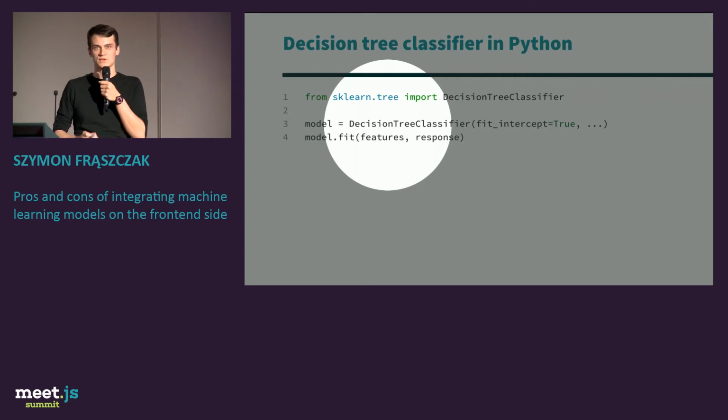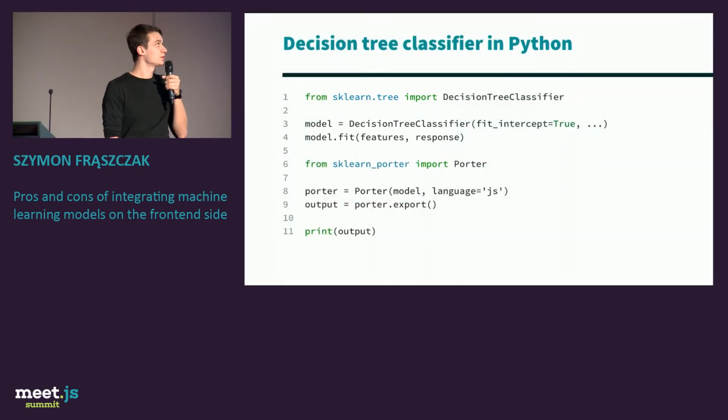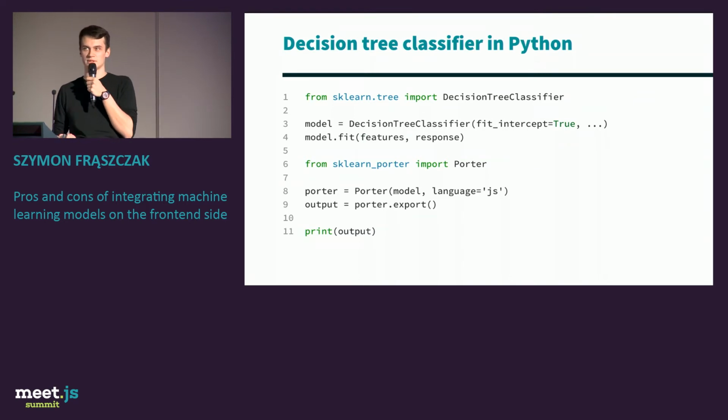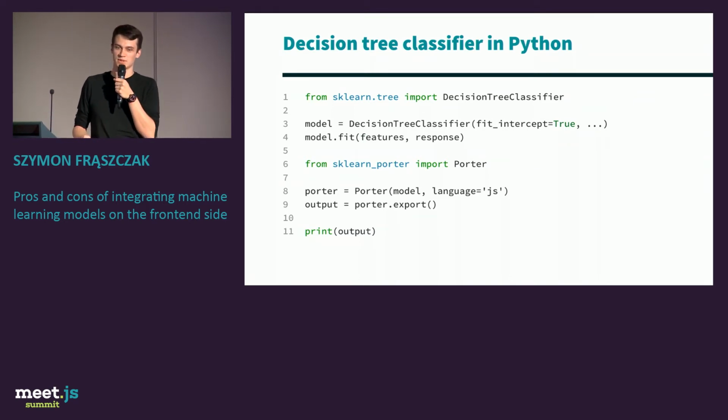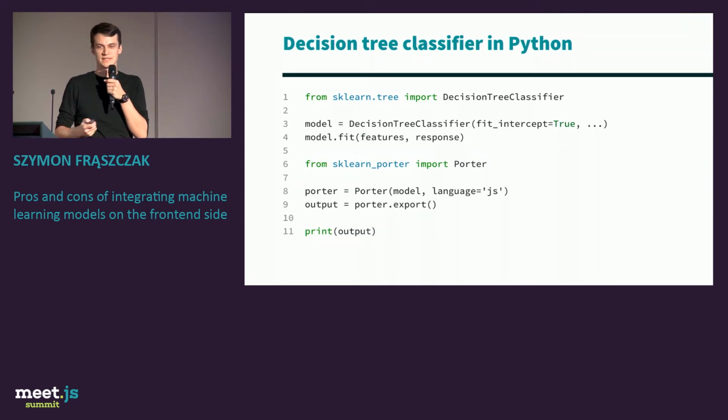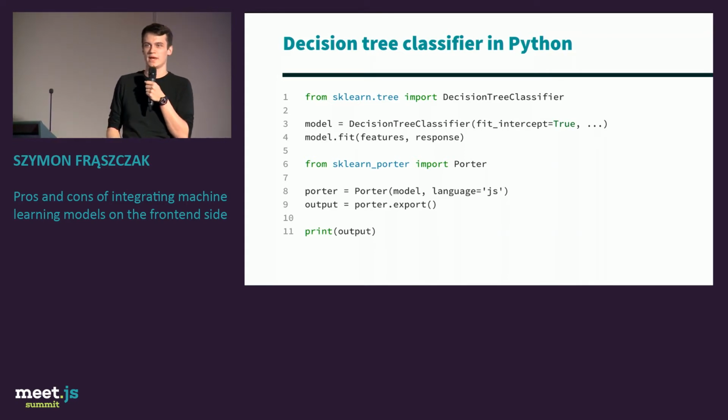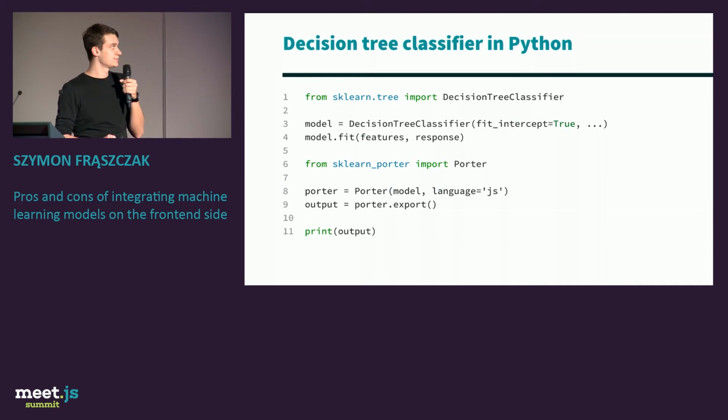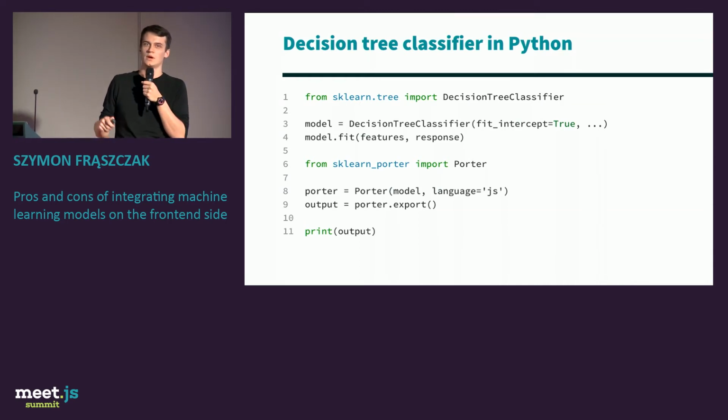So once we have a trained model, we are importing the porter class from the sklearn-porter library, passing there our trained model and the programming language. And we are using the export method, which gives us the output. And in the output, we have code. We have code in our programming language.